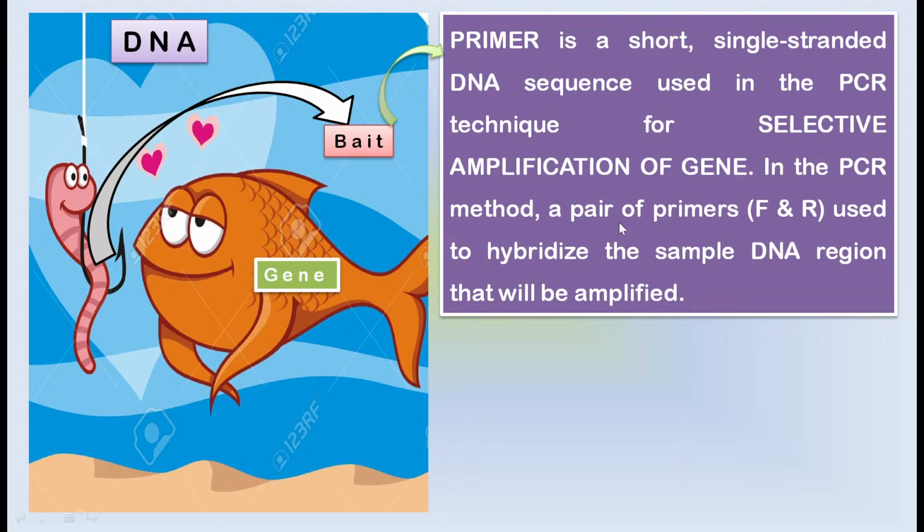In the PCR method, a pair of primers is used, one forward and one reverse, as DNA is double stranded. So we need to add two primers, a forward primer and a reverse primer, to hybridize the sample DNA region. Whatever gene you want to isolate or amplify, you need to add that specific primer during PCR.